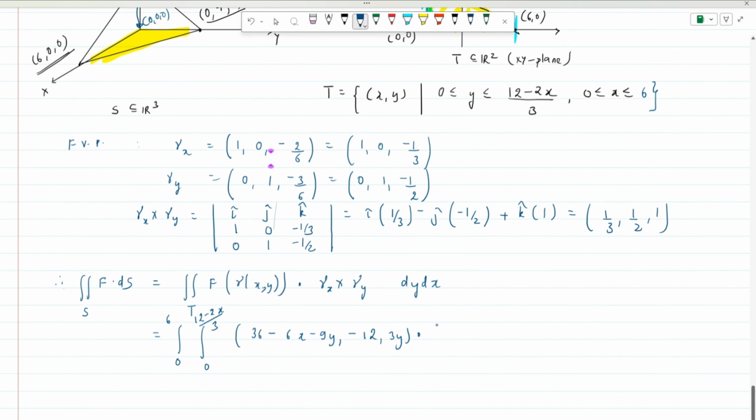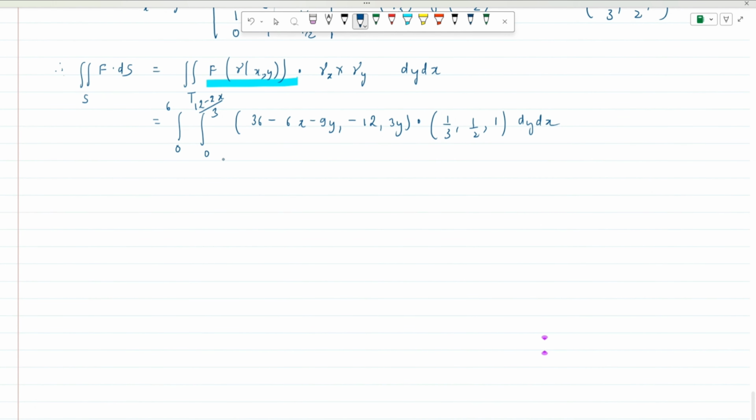So this is the vector field we are going to consider. We have got the image of the vector field on the surface, on the parametric equation, followed by the dot product taken with the normal, which is 1 by 3, 1 by 2, 1, and dy dx. Now let us simplify this. We need to take the first coordinate from here and the first coordinate from here, since it's a dot product, so that is going to be 12 minus 2x minus 3y, plus.